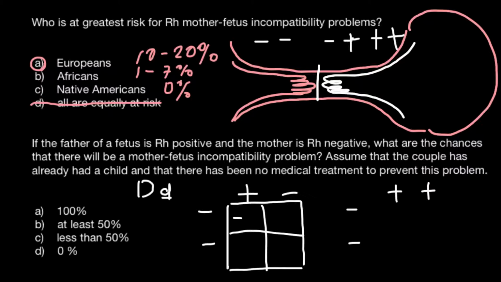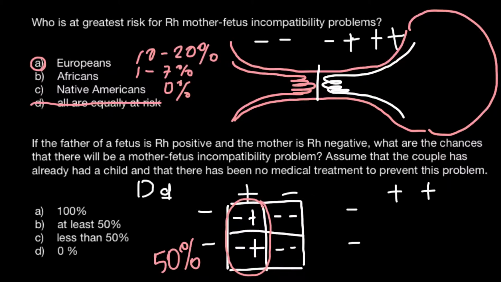Here we have negative and positive, negative and positive, negative and negative, negative and negative. So as you see, 50% of the progeny would be Rh positive. That means that 50% of the children would be Rh positive and the mother would be Rh negative, and 50% of the children would be heterozygous. So that means that the mother may experience fetus-mother incompatibility. So in this first scenario, this would be 50%.